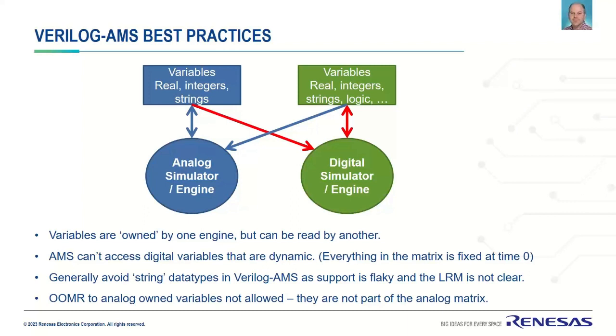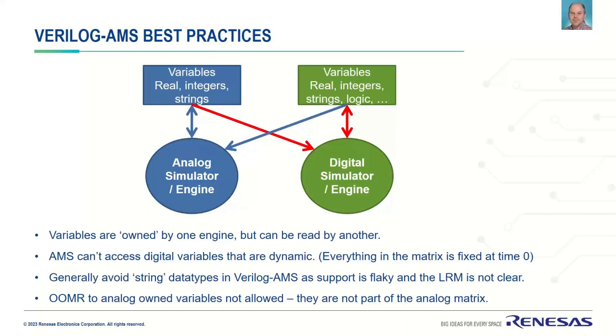Although AMS is sold as a single engine, I don't know of any vendor that sells it as a single product. They're normally an analog solver, a digital solver, and there's communication. So the analog will have variables it can read and write to, similar to the digital one. The digital ones can read analog variables, but can't write to them. Similarly, the analog solver can read variables from the digital, but it can't write to them.